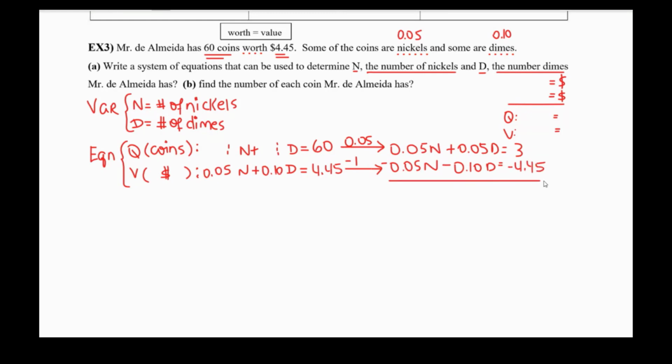Now we draw the line, and these two cancel, and 0.05 minus 0.10 equals negative 0.05d, and then 3 minus 4.45 is negative 1.45, and then we divide both sides by negative 0.05.